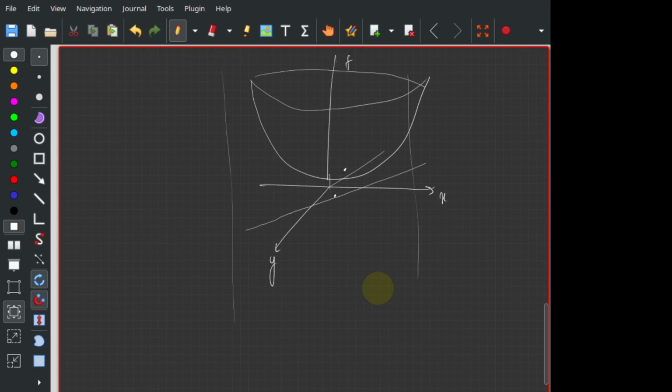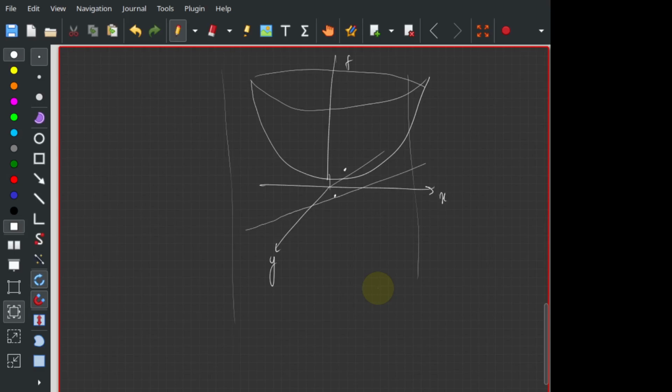Is the question clear? You're taking this function defined in R2, so it's a bowl-shaped object. And depending on x1 and x2, you're just cutting a slice of this and viewing that particular slice.